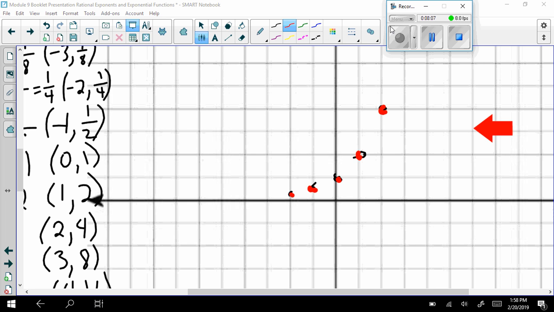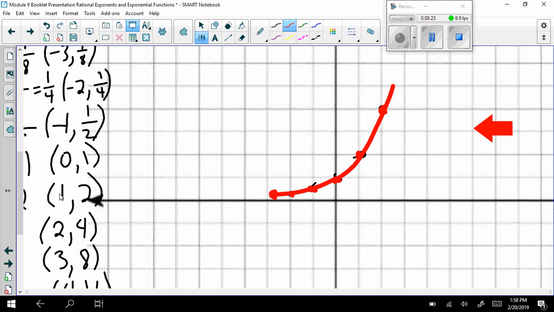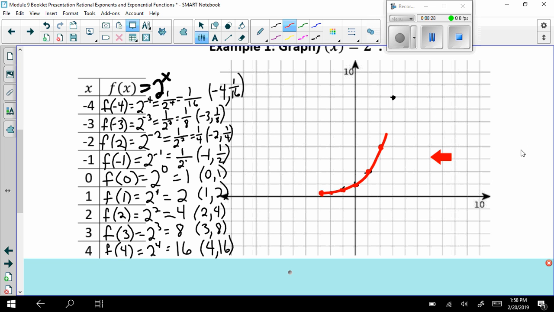So when we're coming this way, it is going to come down, and it's going to skim right above the x-axis. It doesn't actually touch the x-axis. There's no way to actually make it equal to 0. So I'm not going to dip down below the x-axis. I'm going to come right on top of it.